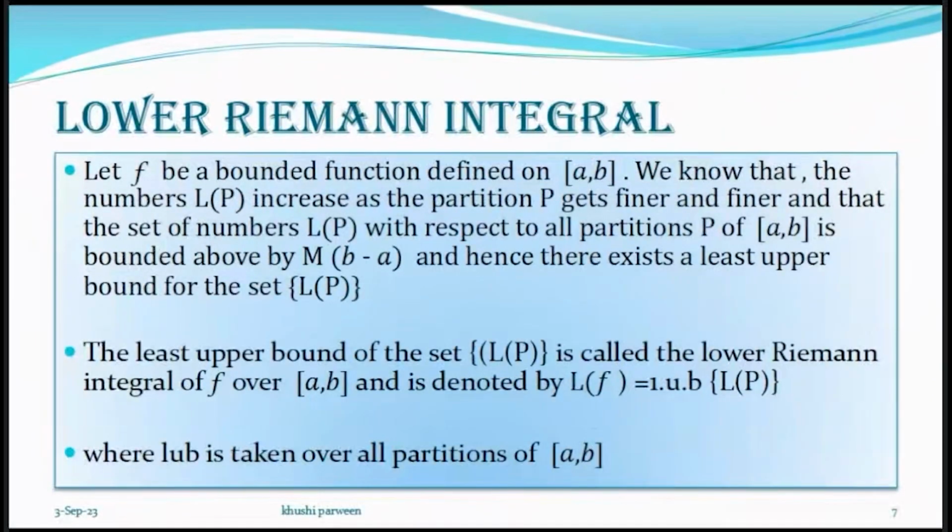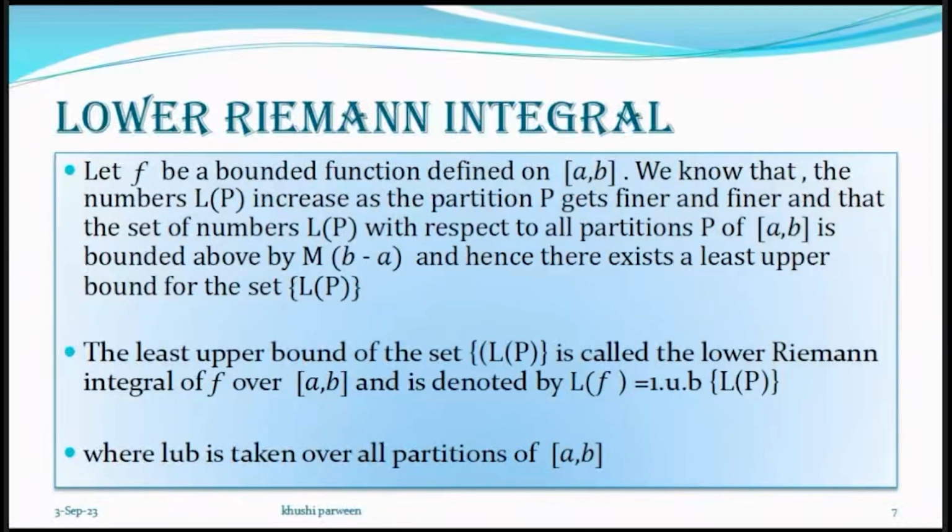Now one more important definition which is used in our theorem, the lower Riemann integral. Let f be a bounded function defined on the closed interval [a, b]. We know that the numbers L(f, P) increase as the partition gets finer and finer, and the set of numbers L(f, P) with respect to all partitions P of [a, b] is bounded above by M(b - a).